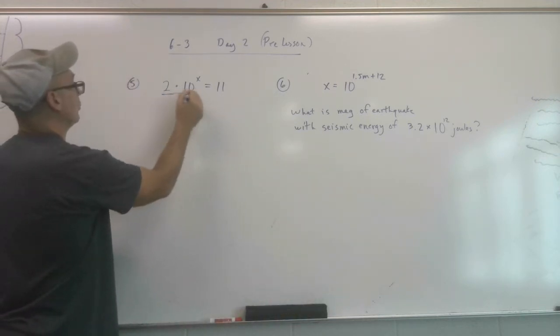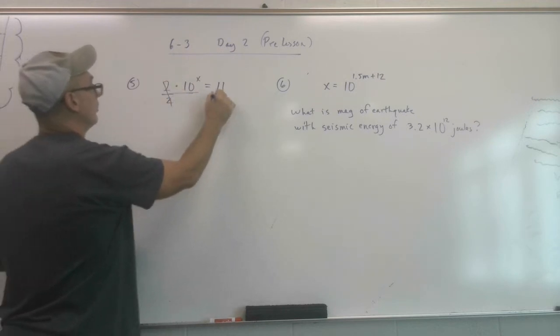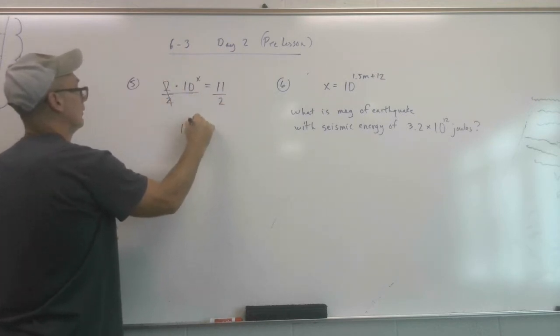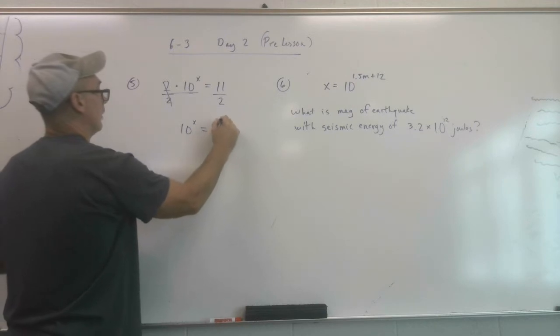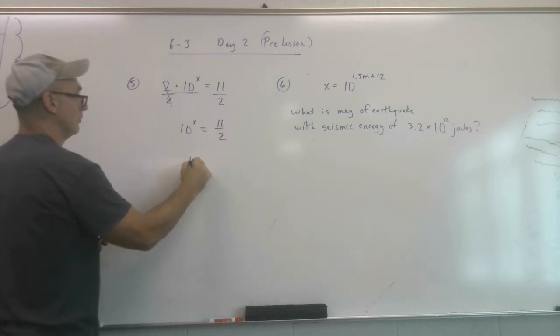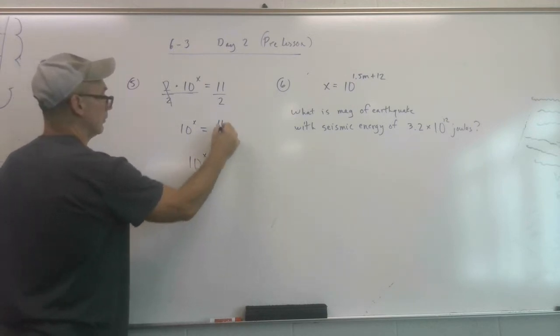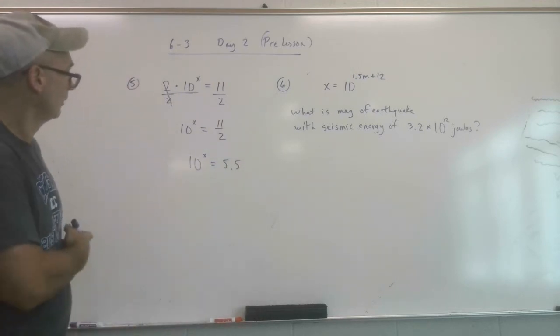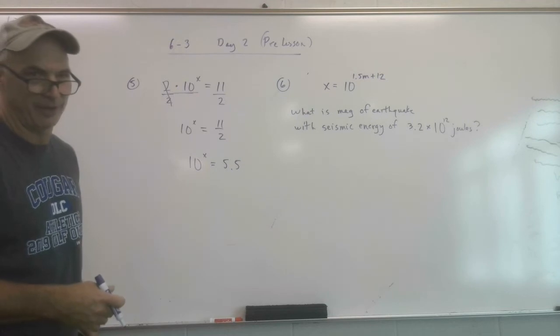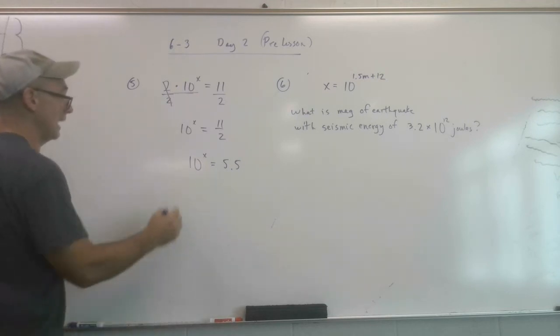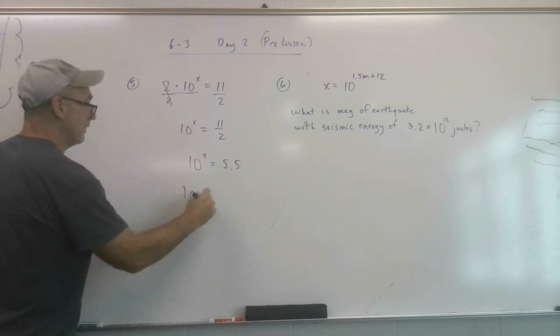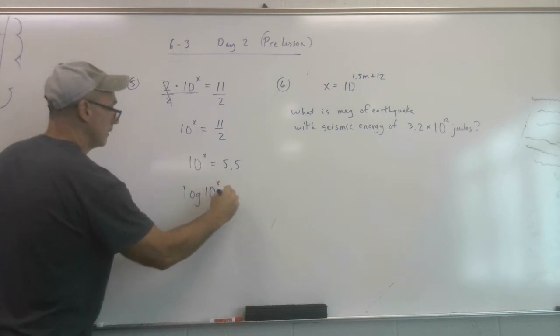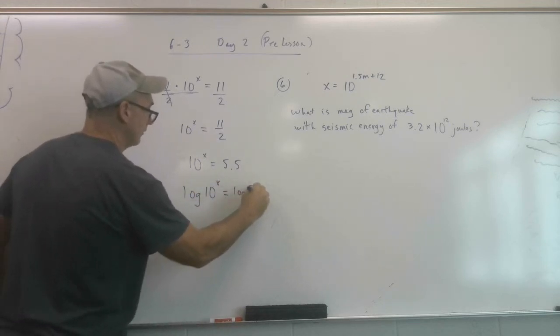But what you can do is divide by 2, divide by 2, 10 to the x equals 11 halves. Now I'm just going to go 10 to the x equals, I'm going to call that 5.5. I'm like, whoa, 10 to some power is 5.5? Good luck figuring that out. So I'm going to put a log on this side. I'm going to put a log on that side.